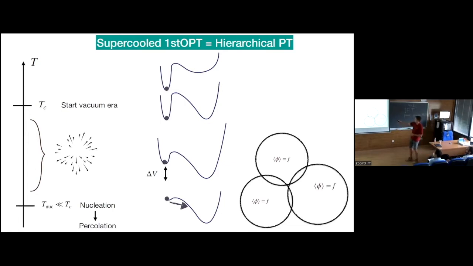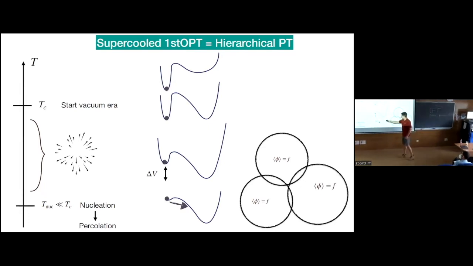Okay, I will describe the slide like this. Top to bottom is evolution as the temperature cools down. At high temperature, the universe is stuck in the first vacuum. Then as we cross Tc, when the two minima coincide, below Tc the first vacuum becomes metastable.